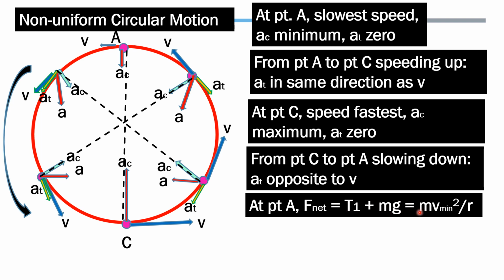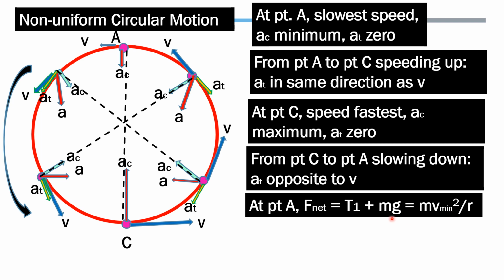We have now this formula that describes the relationship between the tension of the string, the force of gravity, and the tangential velocity of the body, which we said is considered the lowest speed, or the minimum speed, of a body moving in vertical circular motion.